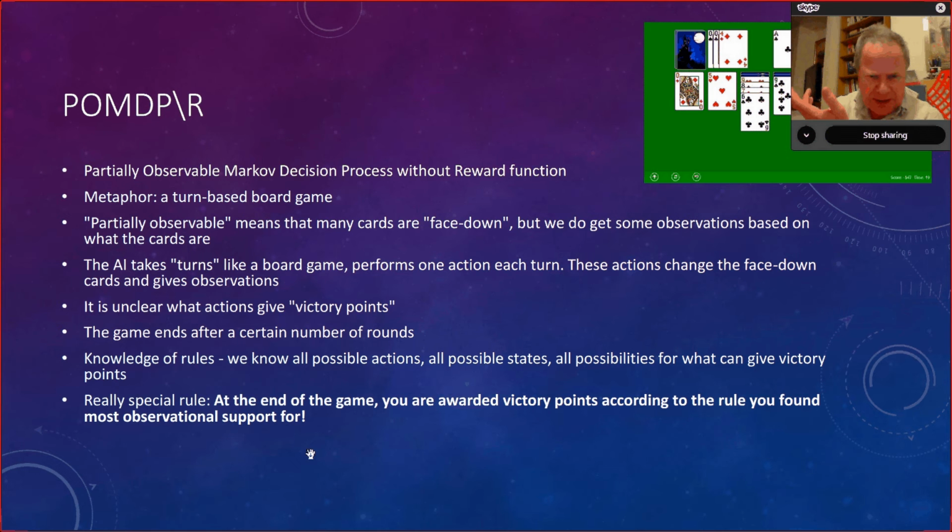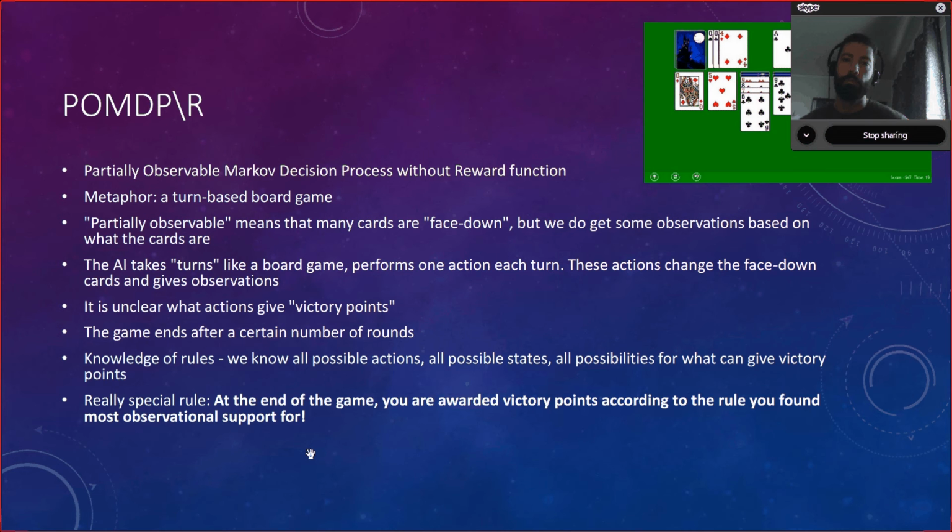No. Part of the problem is I couldn't really find a board game that has this. But let's say you find some observation that gives a lot of support for it. Let's make it more concrete with an AI that wants to help humans.